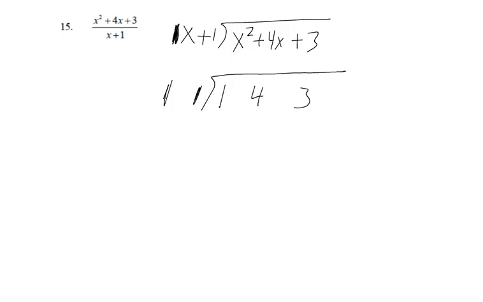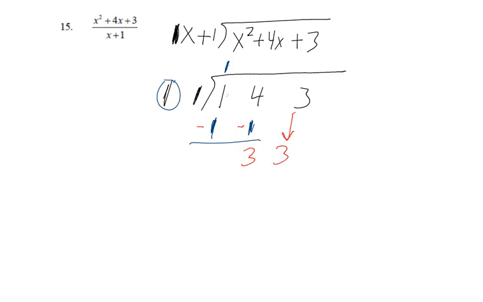First, how many times does this 1 go into 1? Well, it goes in 1 time. Then 1 times 1 is 1. 1 times 1, 1. The next step is to change the sign, so subtract. 1 minus 1 is 0. 4 minus 1 is 3. Then bring down the next number, 3.